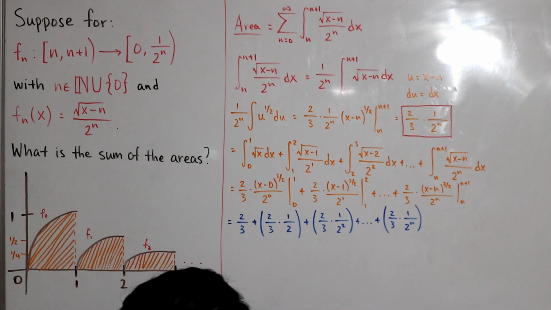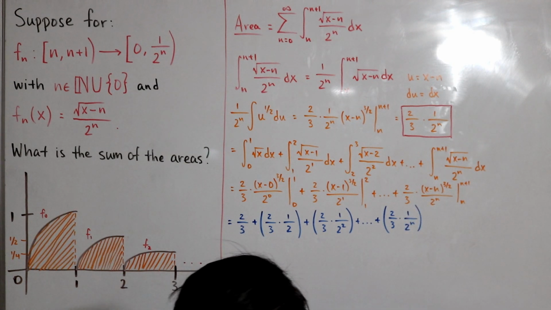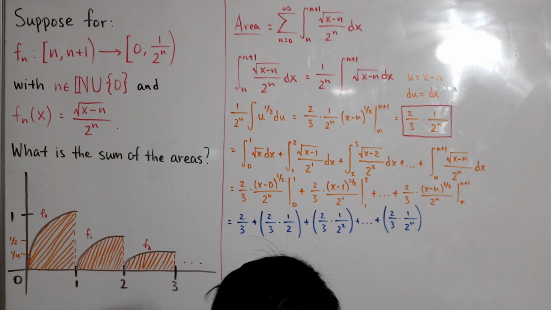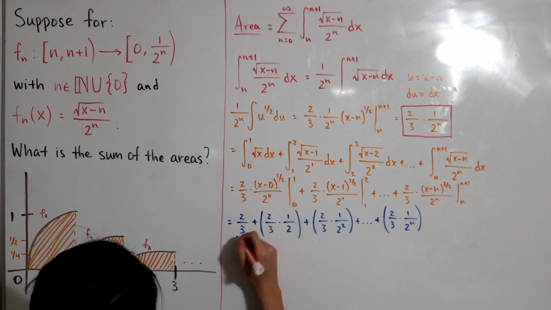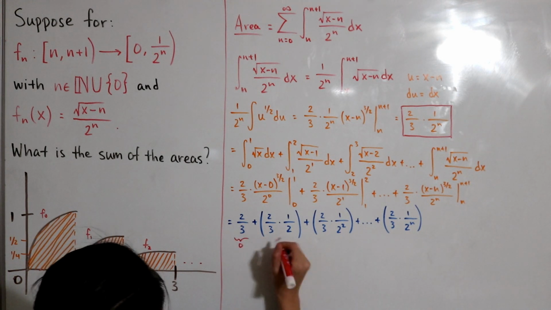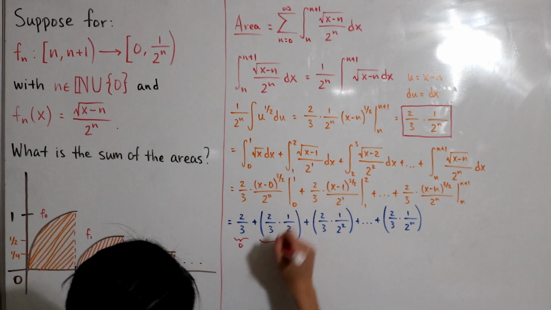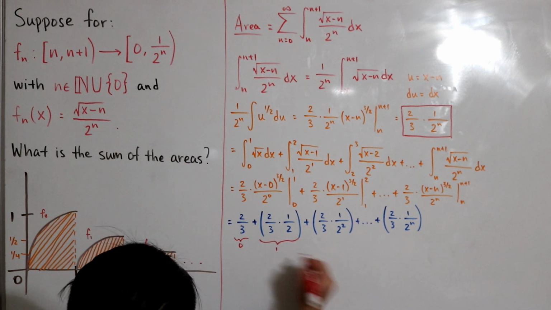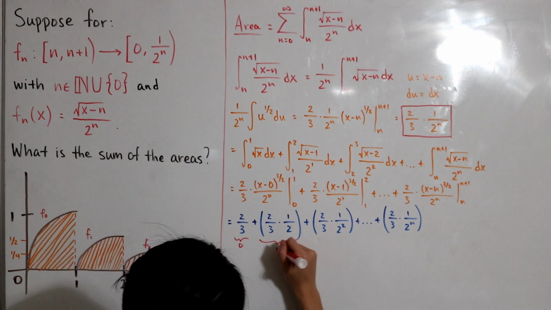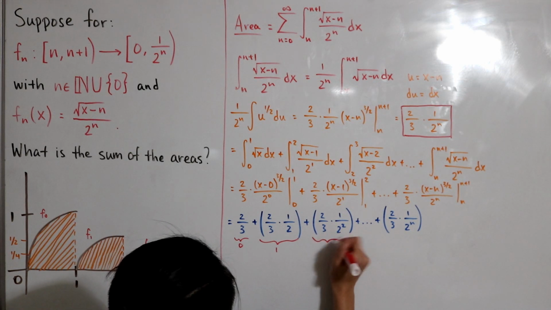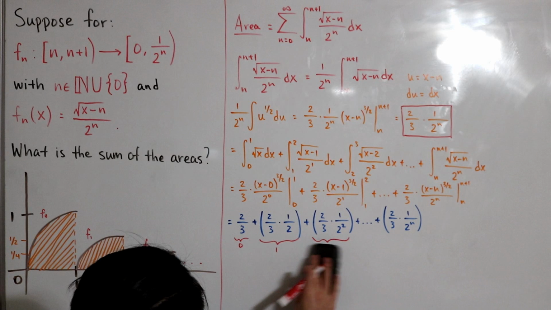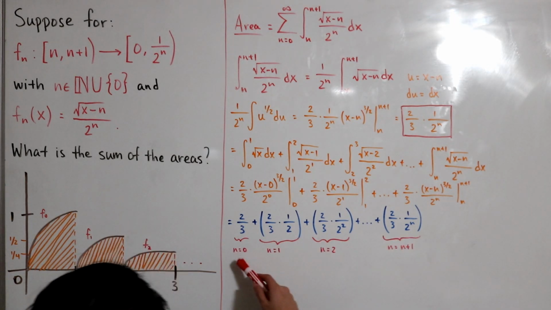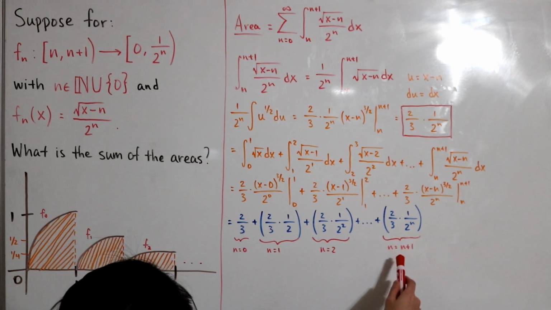I'll put in the little symbols right here. This is just for n equals 0, this is for n equals 1, and then over here n is equal to 2. Okay, so this is just what we have from here.